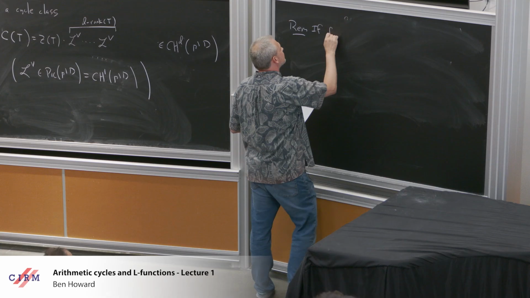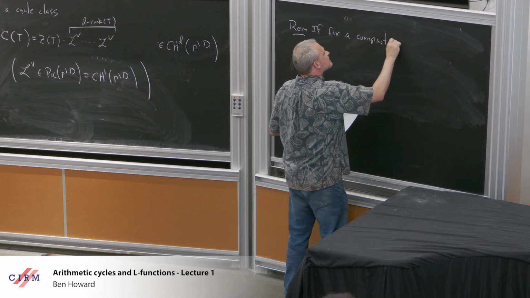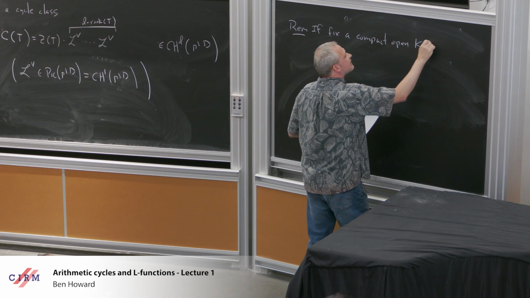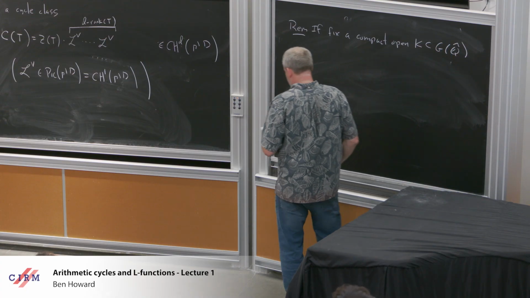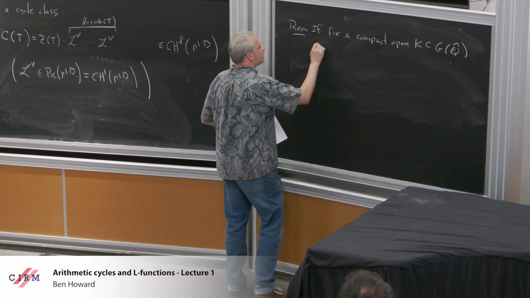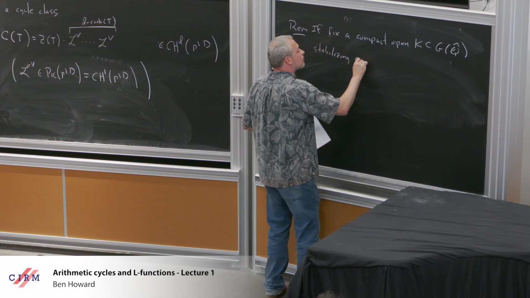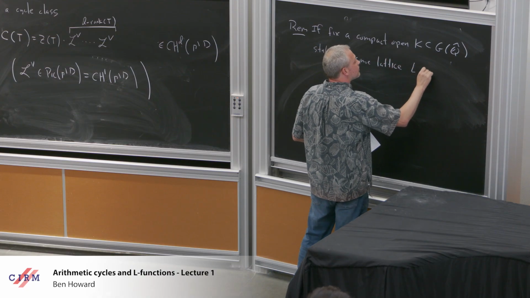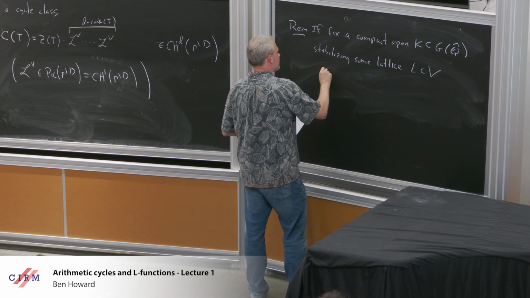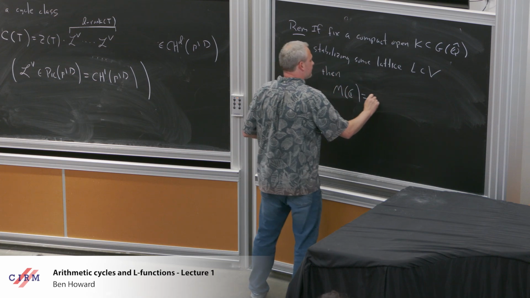If we fix some compact open K inside of the adelic points of our special orthogonal group, stabilizing some lattice L, then we can form the usual Shimura variety.